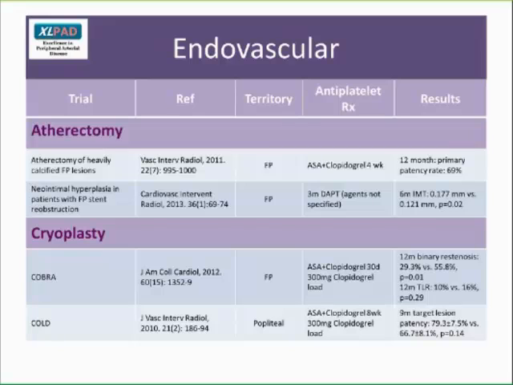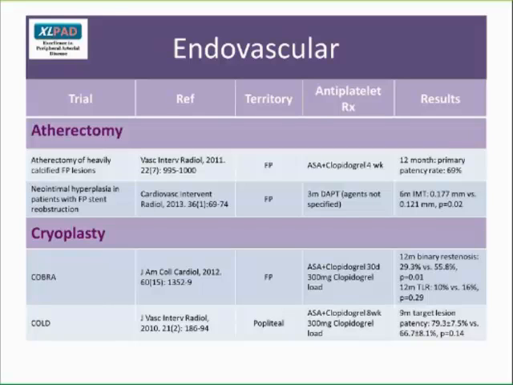used a single-arm design studying the effect of aspirin and clopidogrel for 4 weeks after atherectomy, and reported a 12-month primary patency rate of 69%. So these are not comparative studies, but at least studies that have mandated some sort of dual antiplatelet therapy. The second study is more of an angiographic study of late loss or neointimal hyperplasia in patients who had atherectomy in prior braided stents or in-stent restenosis, studying the need for reobstruction.